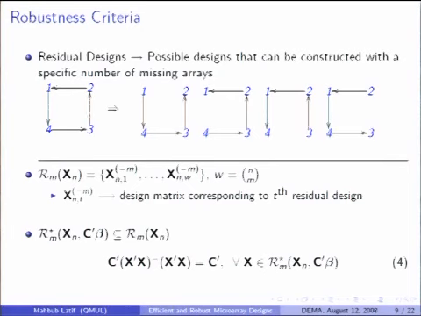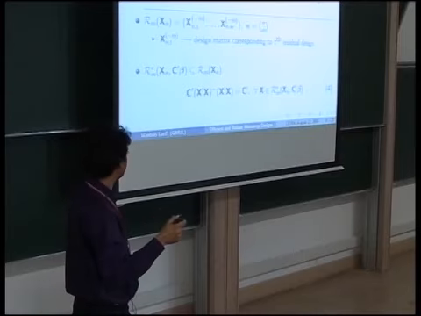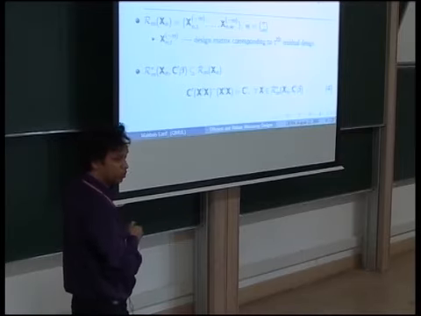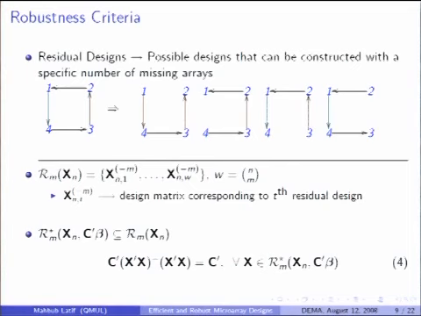And to fix the notation, I defined R sub m of a matrix Xn as the set of design matrices corresponding to the residual designs with m missing arrays. So all possible design matrices one can construct with m missing arrays.